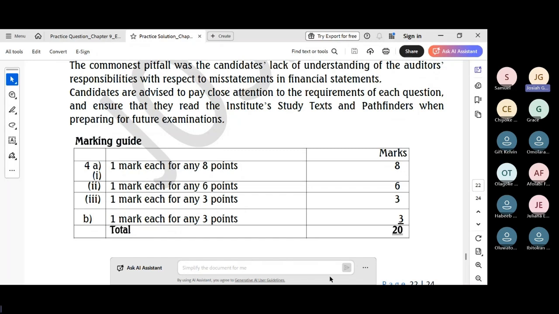The required 8 points should cover both general and specific procedures. So in penning down your thoughts, number 1, you should write around the overall objective. And the objective of ISA 570 speaks to obtaining sufficient appropriate evidence that all events requiring adjustment or disclosure are identified and suitably reflected in the financial statements.